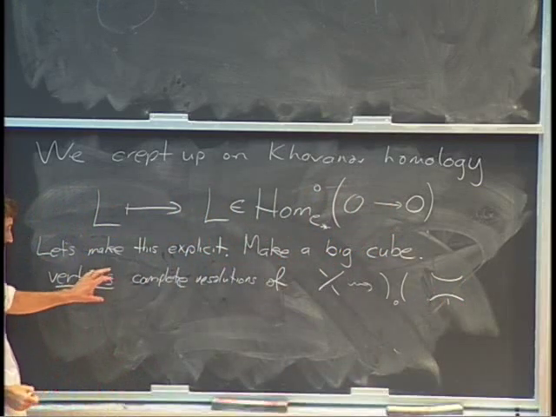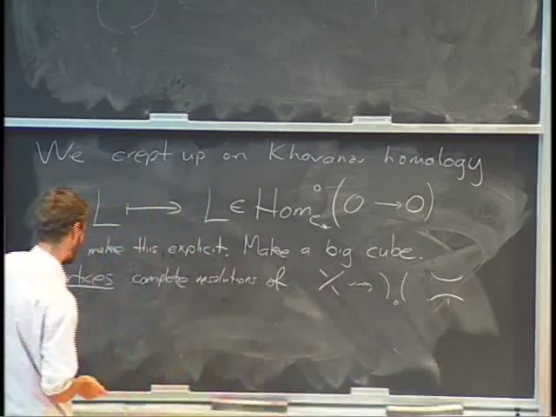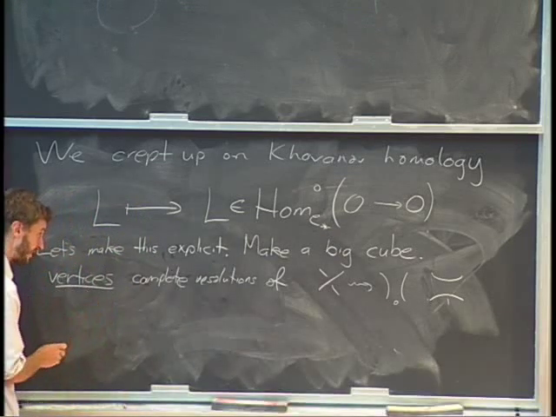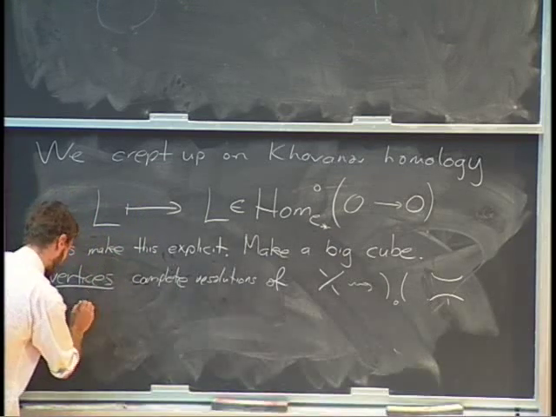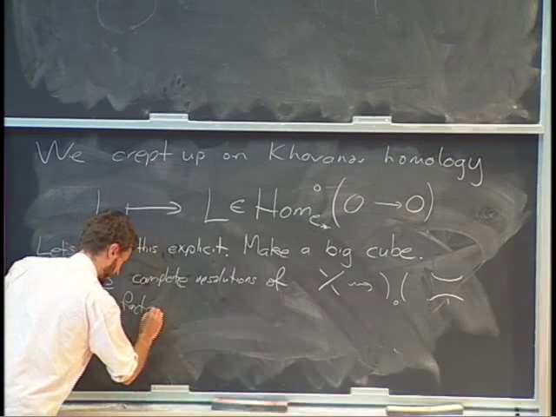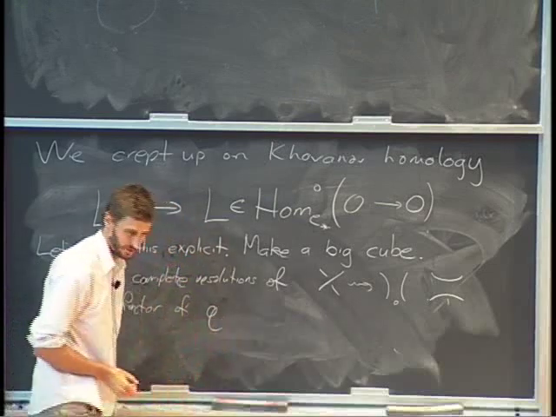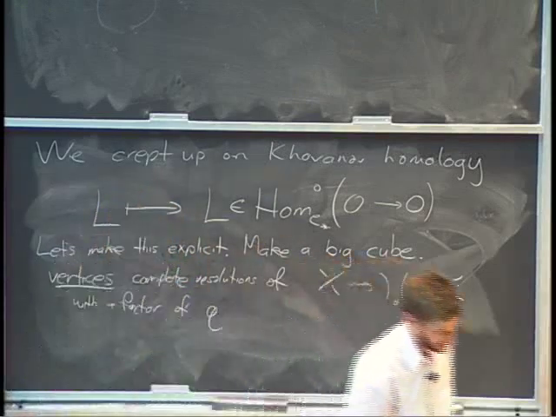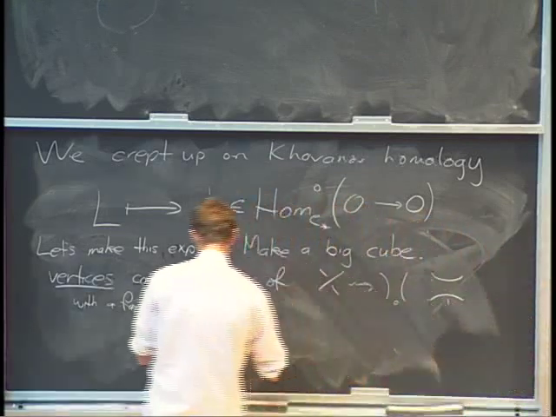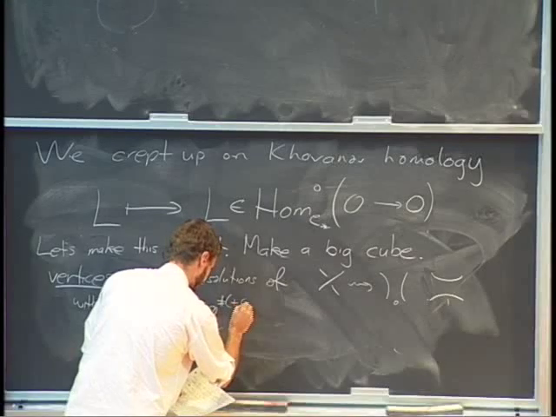So the vertices of this cube are just systems of closed circles. And I guess I'll tell you here a grading and a homological height to attach to each vertex with a factor of q to, well, I'll get this number right just so you have the recipe, but it's a little bit ridiculous.